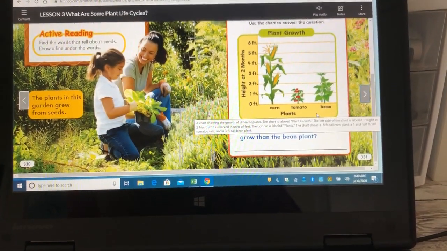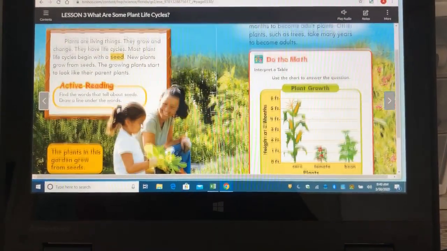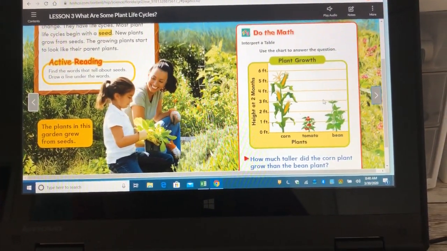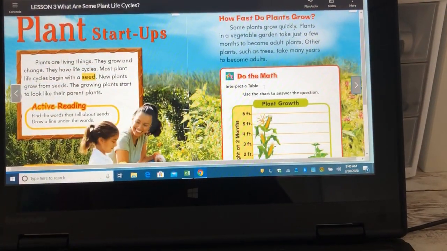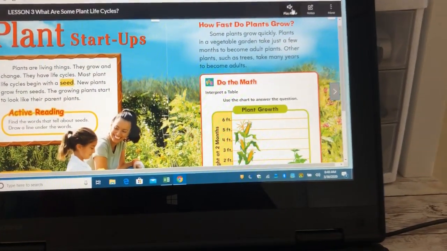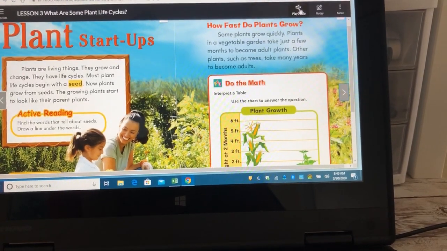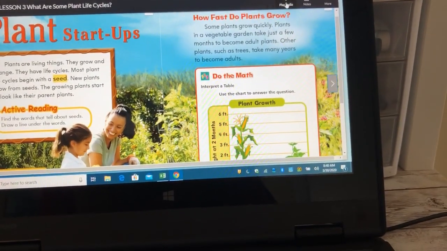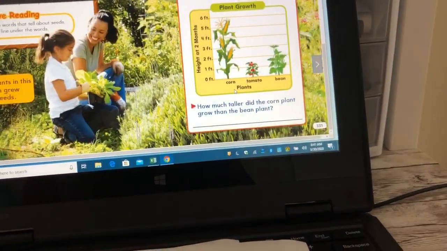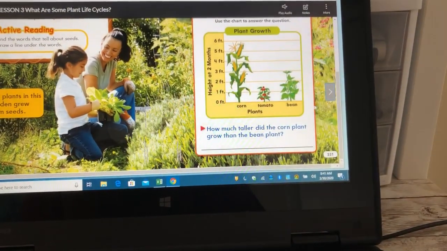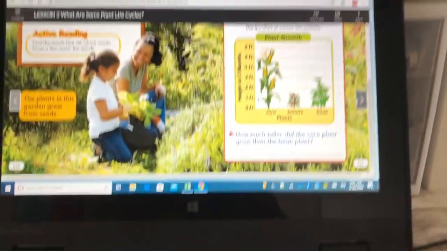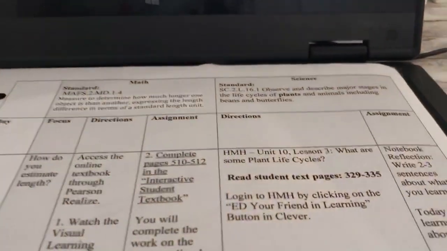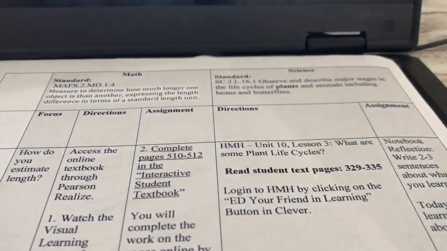Make sure we're looking at all parts of the text, all the text features, the captions, the diagrams, and really making sure we understand what we're reading. You do have the option to play audio and have the book be read to you right here in the corner. So with this textbook, this is not something that is going to be turned in like the math book, from the work you do on the pages, but it is something that needs to be done in order to do the rest of the assignments.